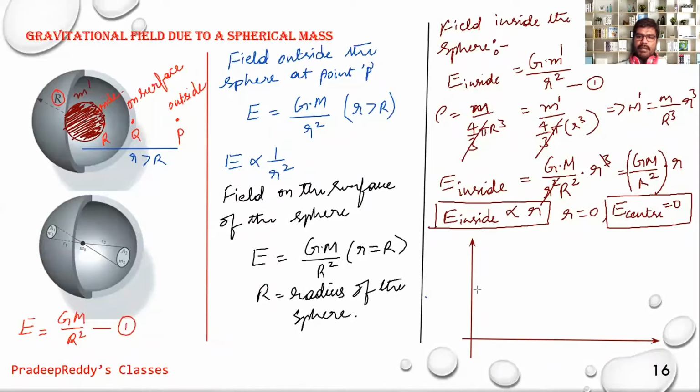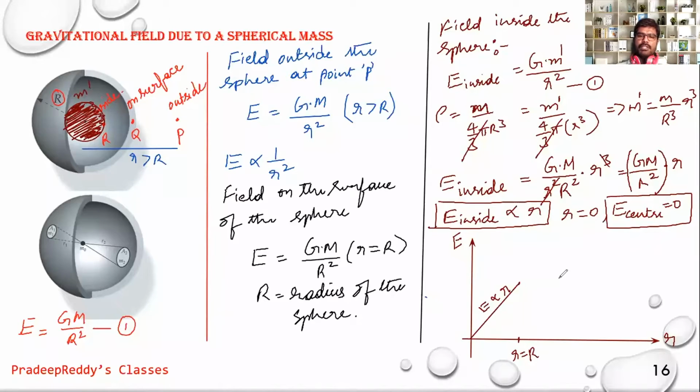Therefore, you will be getting a graph like this, where this is field and this is distance. Up to small r is equal to capital R, field value increases, because in this region gravitational field is directly proportional to r.